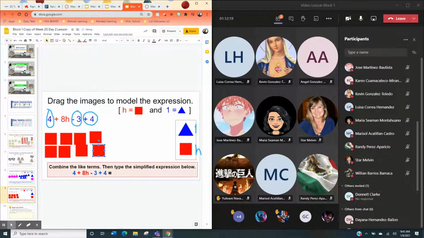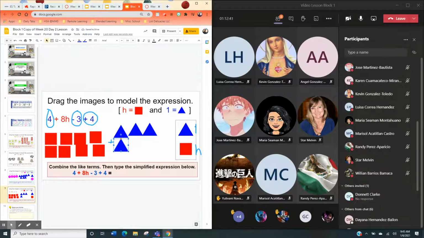I don't do anything with them because it's just plus 8h and that's it. Then I have plus 4. So I'm going to go ahead and drag over 4. 1, 2, 3, 4.